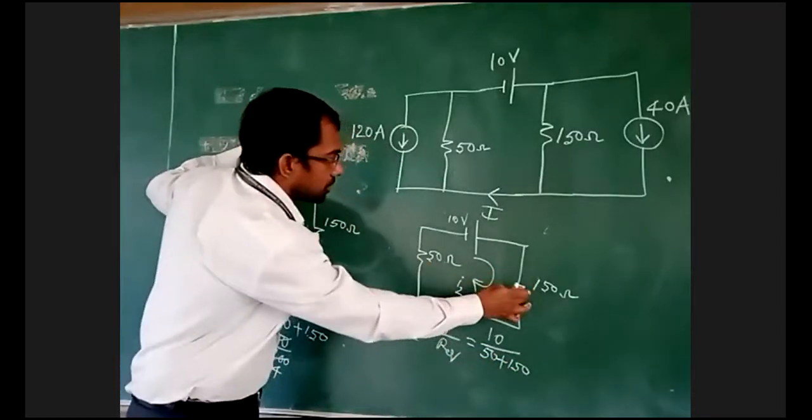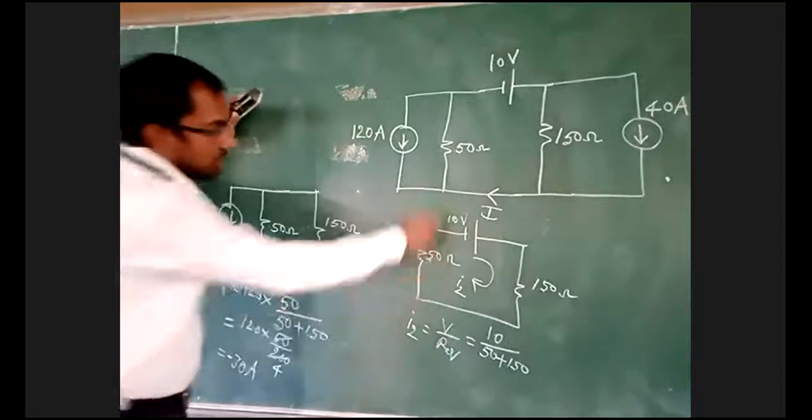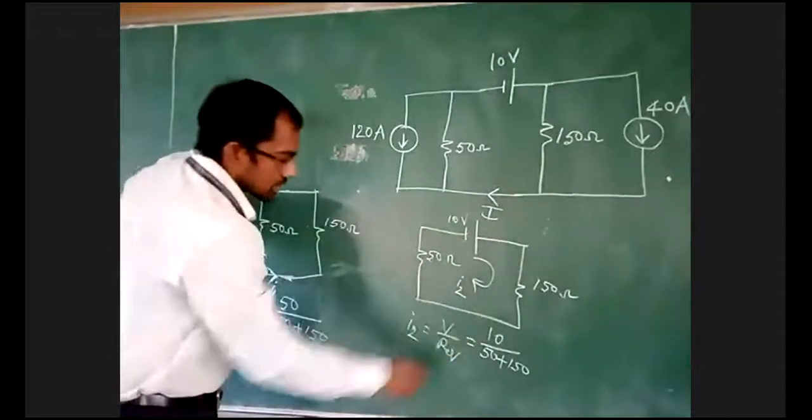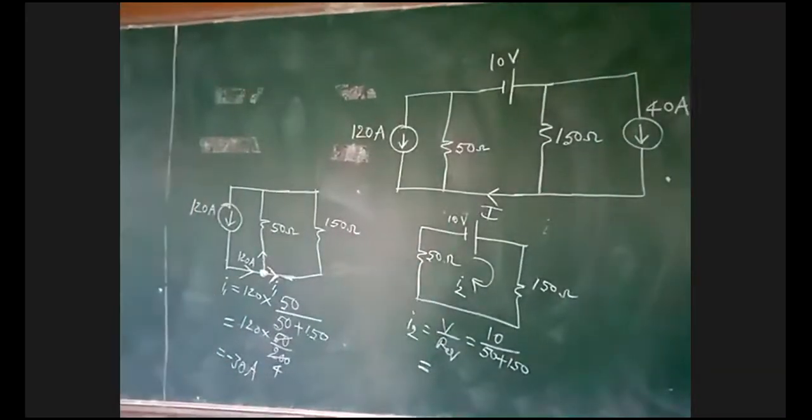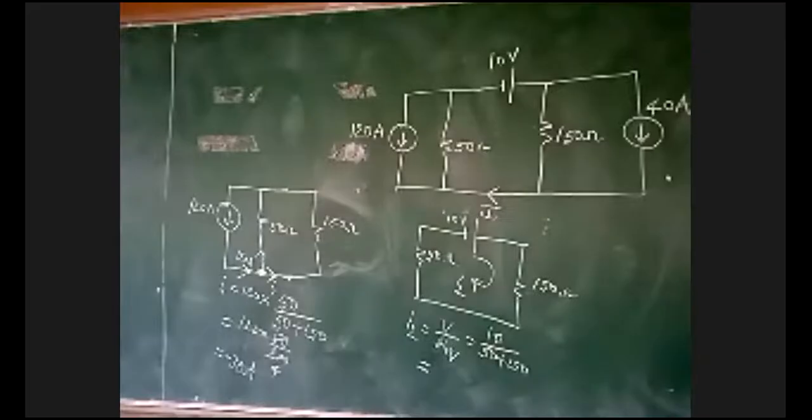In series, we can add the resistances. How much do you get? 0.05.